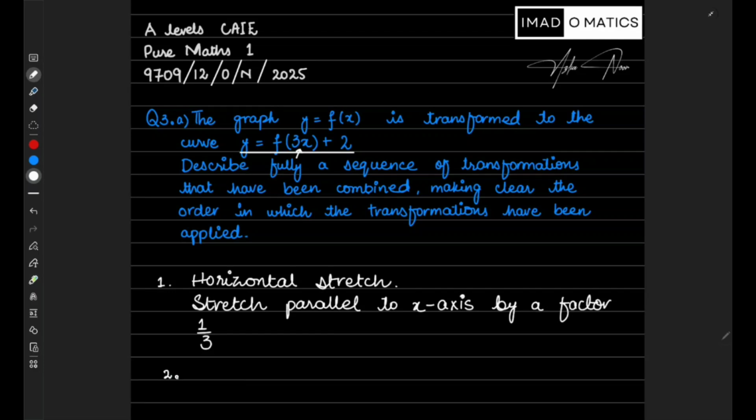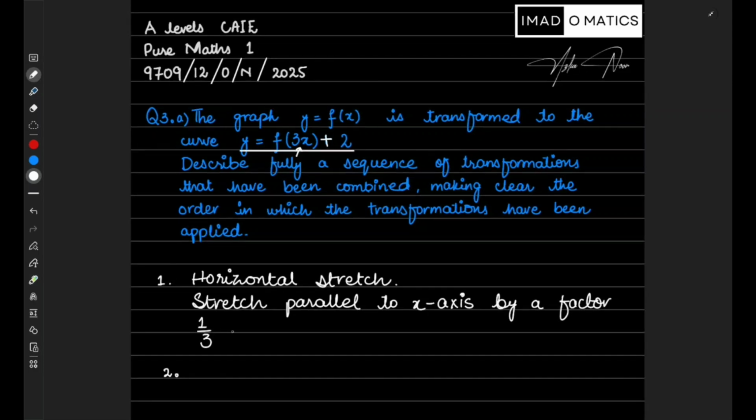Then secondly, what has happened is that your whole y is being added with 2. That means it is representing a translation. So translation is mostly represented by a translation vector: nothing in the x direction, but positive 2 in the y direction means it is shifted 2 units up.